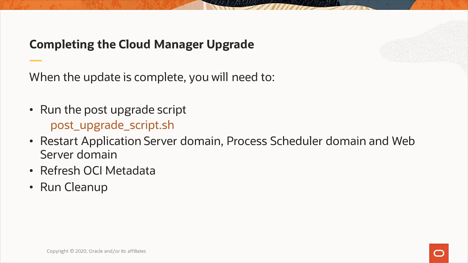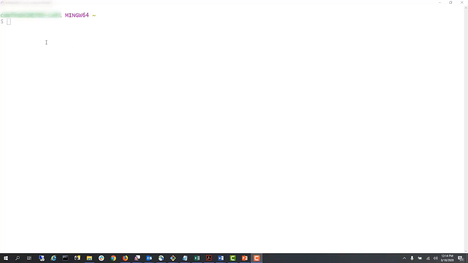When the update is complete, you will need to run the post upgrade script, restart the application server domain, process scheduler server domain, and web server domain, refresh OCI metadata, and run the cleanup. To run the post upgrade script, SSH into the Cloud Manager instance.